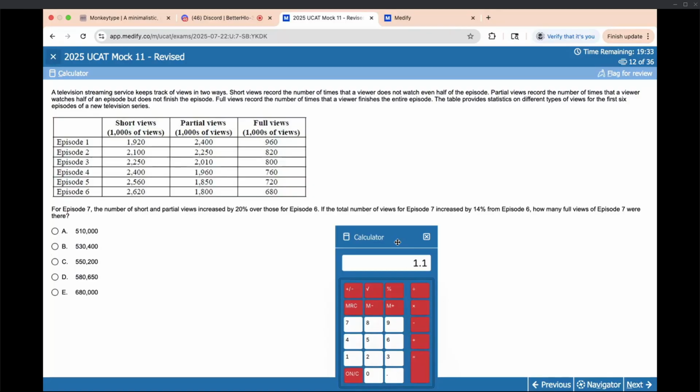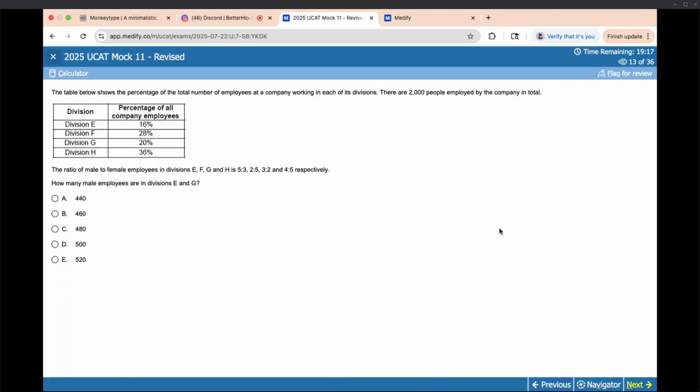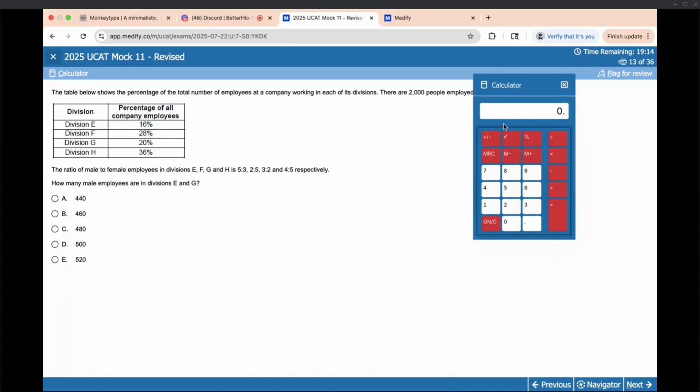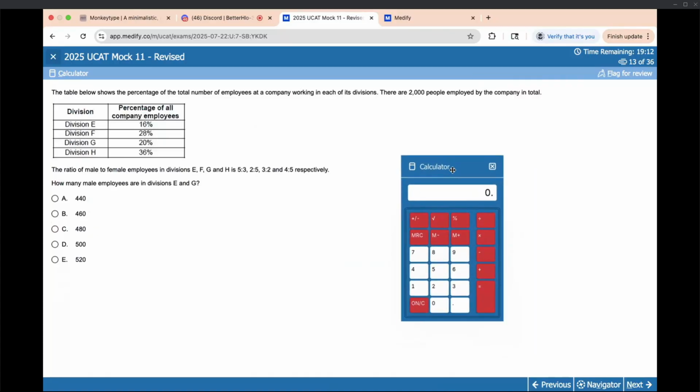That was 1.4. So what is wrong with my calculator? 58. Okay, there we go. 410K. But I'm actually getting lost by this calculator.